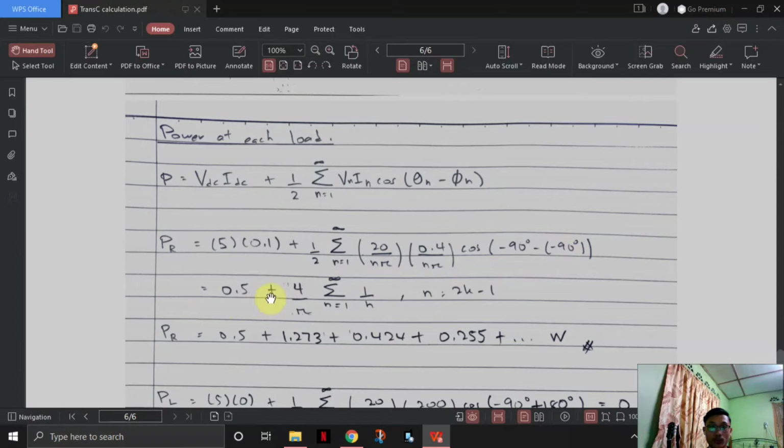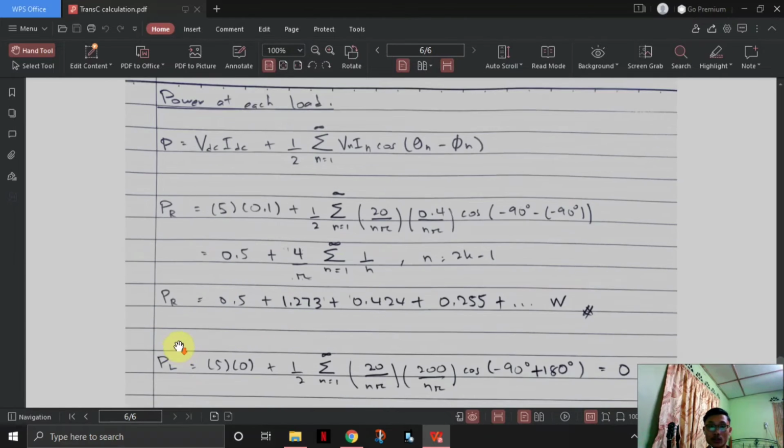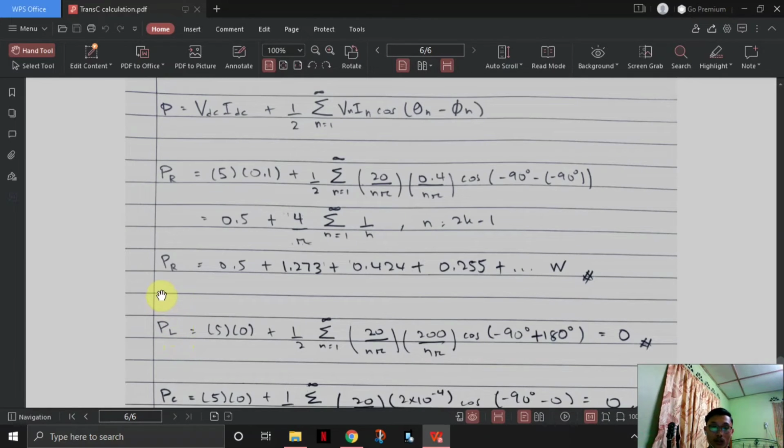So we'll get 0.5 plus 4 over pi, summed over n equal to 1, times 1 over n. We know that n is equal to 2k minus 1. We just apply it in this equation, and then we'll have the power for the resistor equal to 0.5 plus 1.273 plus 0.424 plus 0.255 watts, and so on.